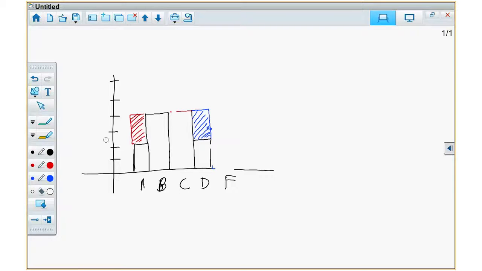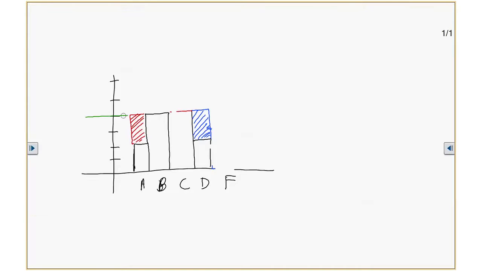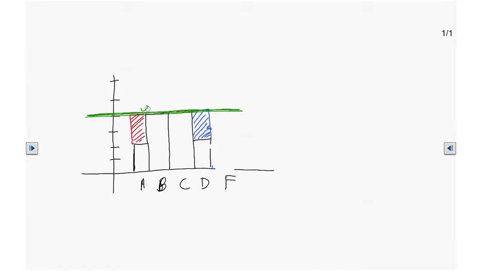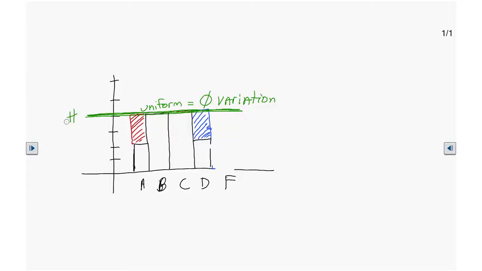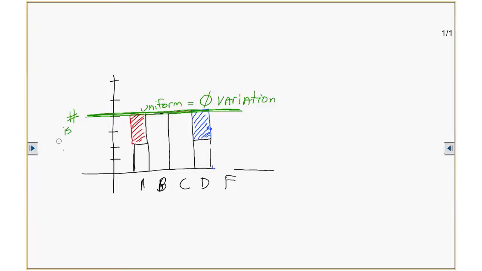I've taken the variation out of it, and now everything is level, right? It's called uniform. And that number right here is the average.